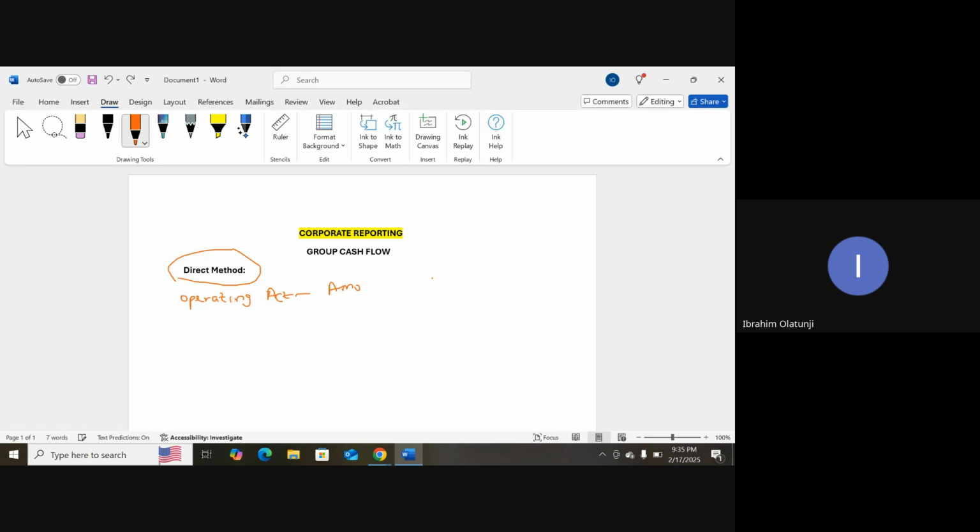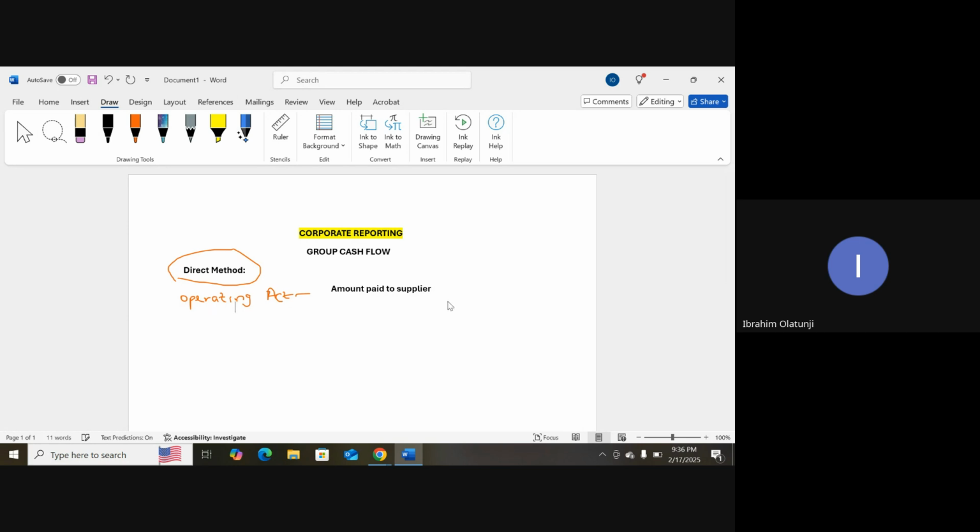You must take note of what? Amount paid to supplier. This amount paid to supplier is one of the key factors when you are preparing your group cash flow using a direct method under your operating activities.